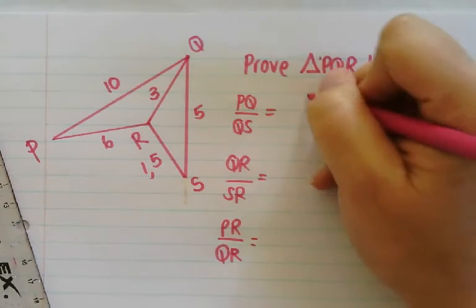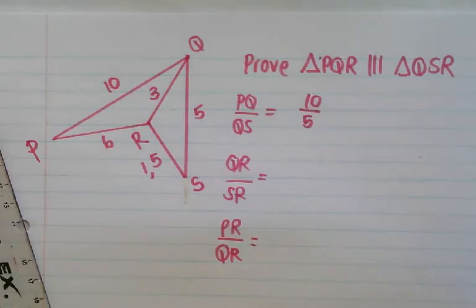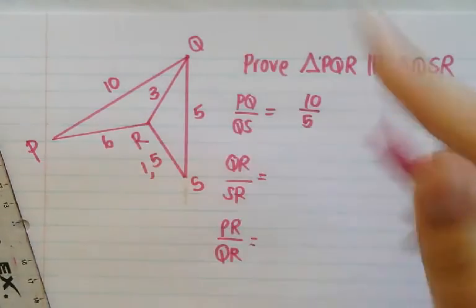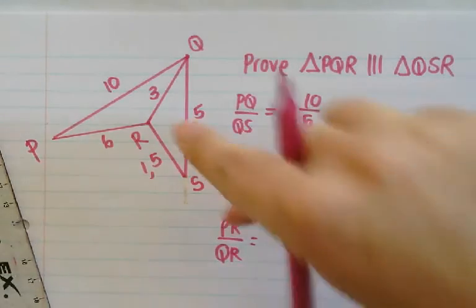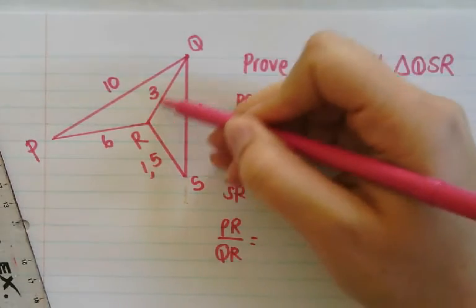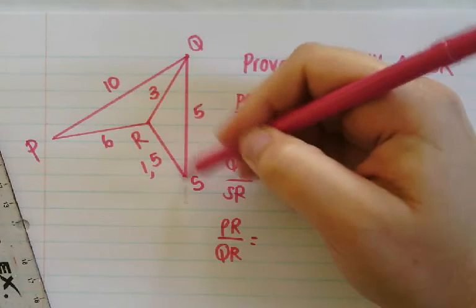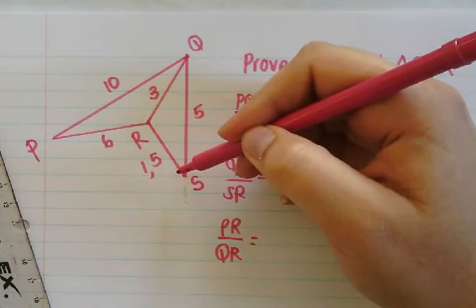So PQ is 10, QS is 5, QR is 3, SR is 1,5. So you see how the 3 from the left triangle is actually corresponding to the 1,5 from the right triangle.